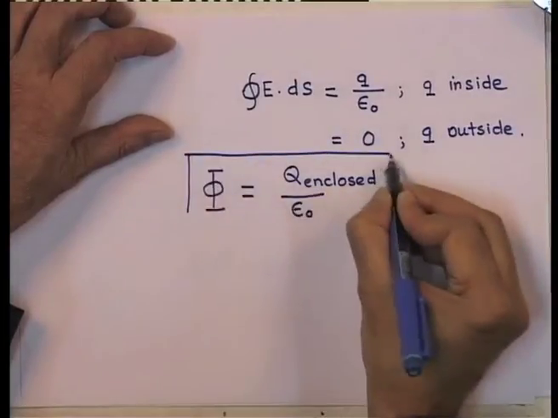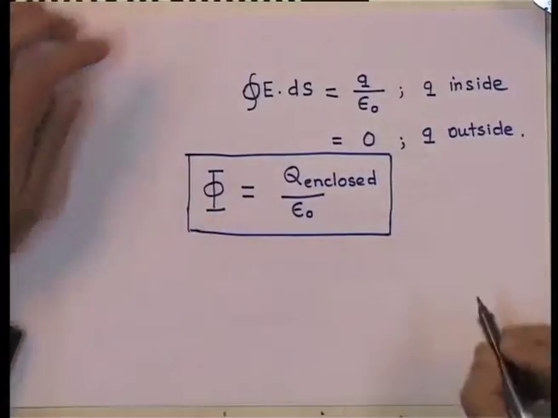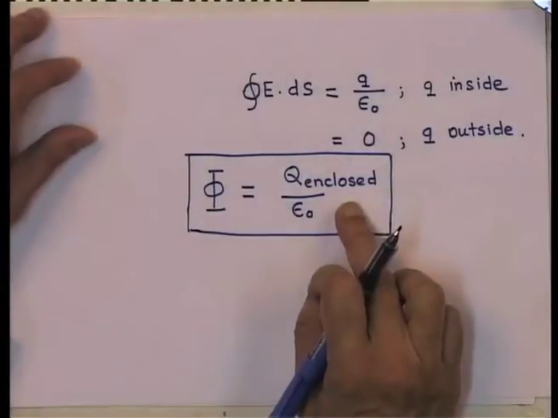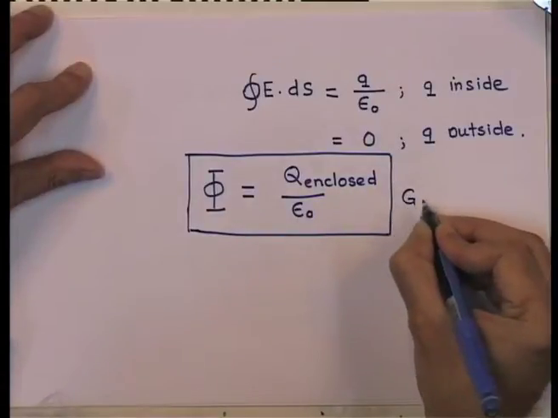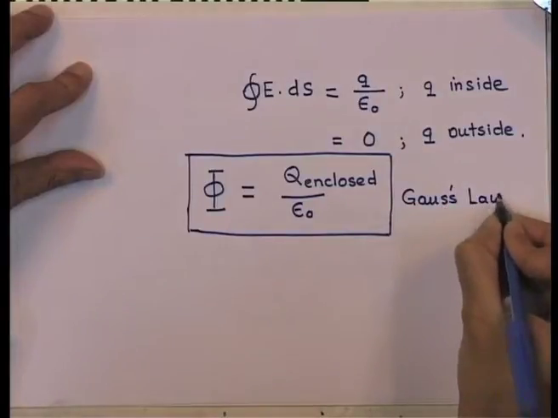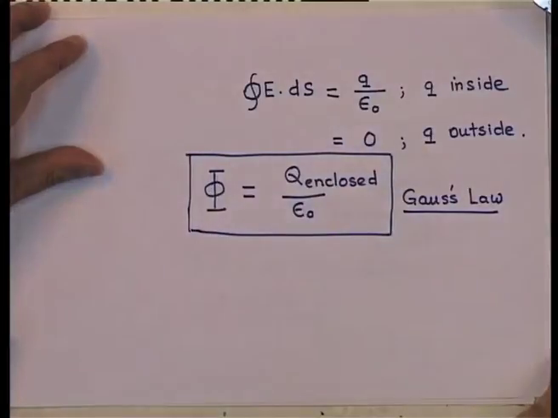This is the statement of Gauss's law. If there are no charges enclosed inside, it is equal to 0. If there are some, then of course, you have to simply talk about the amount of charge that is enclosed. So, that is my Gauss's law, stated in the form of flux phi, which is integral E dot d s.